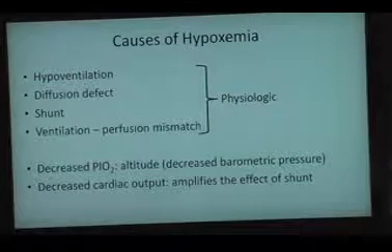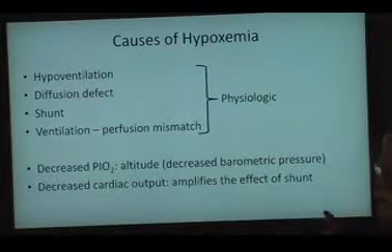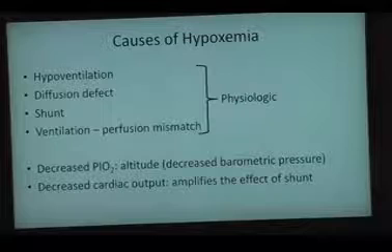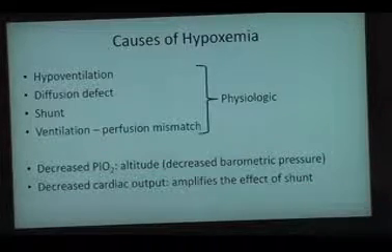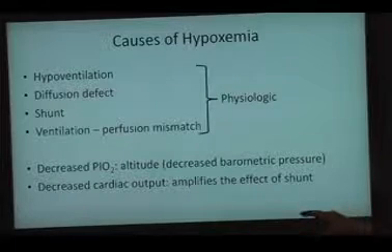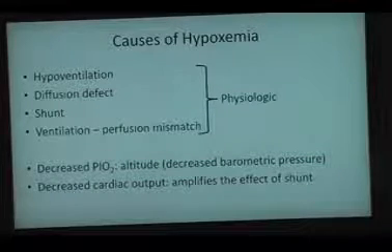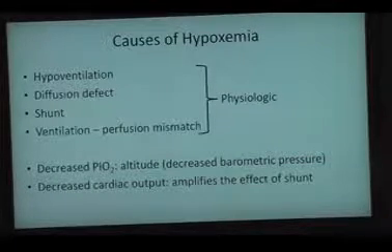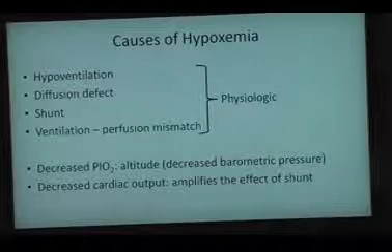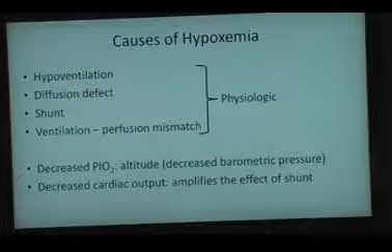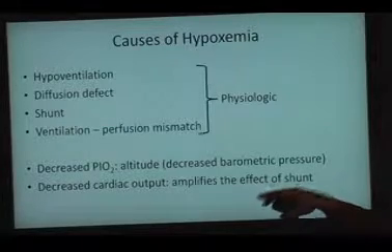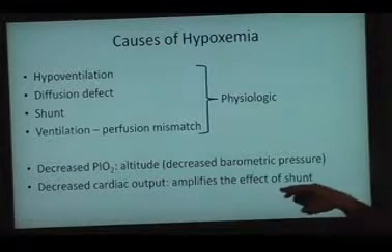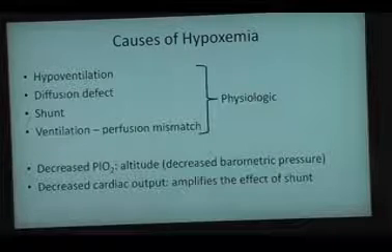A decrease in cardiac output can cause worsening of hypoxemia, but only if there is a shunt defect that is present. So a decreased cardiac output will amplify the effects of a shunt, but if you have normal lung function, so you and I, if we have normal lung function, if our cardiac output were to decrease for some reason, that would not affect our arterial PO2.